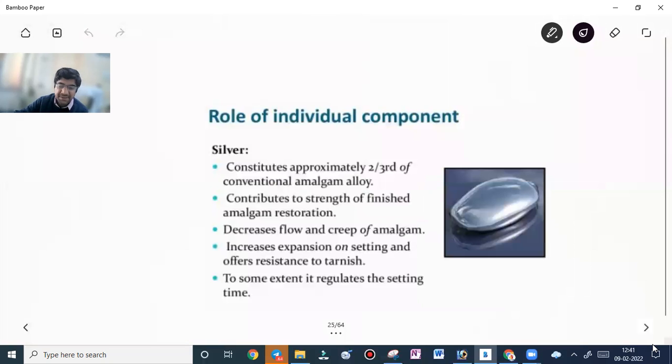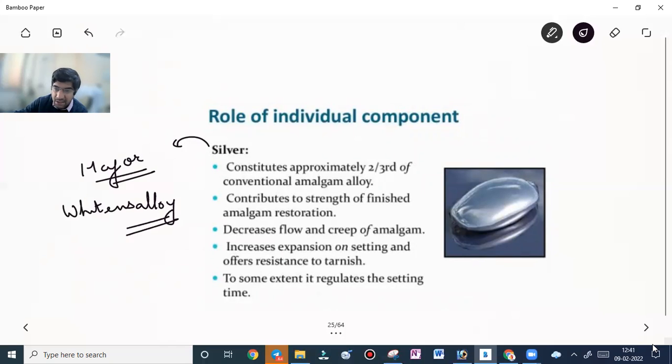Now let us discuss the role of the individual components. The first is silver. Remember, it is the major element in the reaction. What it will do is whiten the alloy. It will increase the strength.